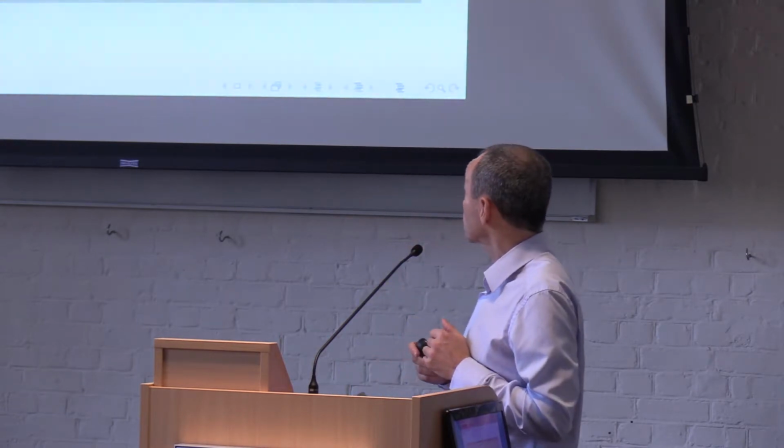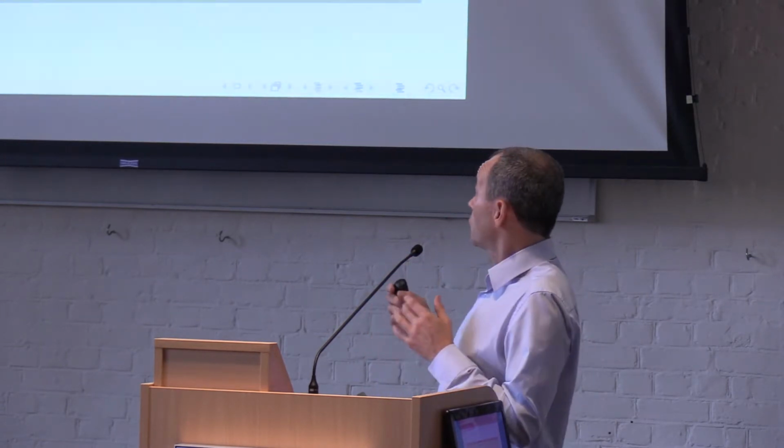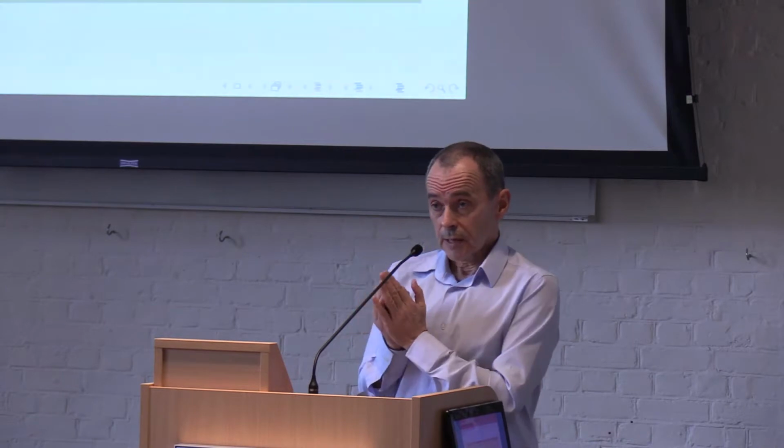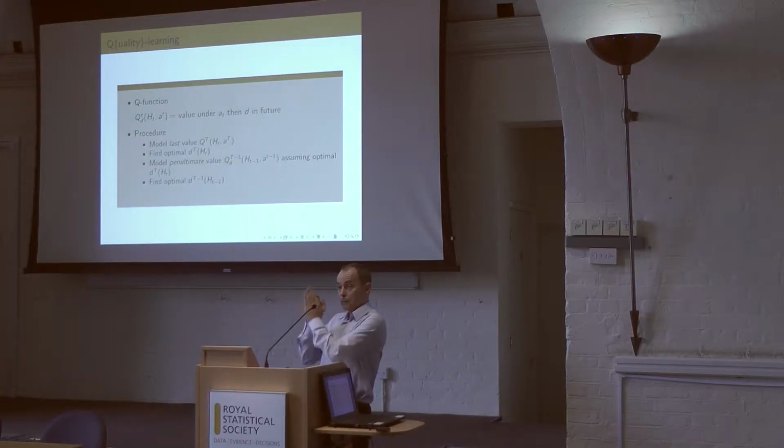And the quality function is the value, that's your expected reward, remember, if at time t I choose action or treatment little a. So Q, it's defined at time t, it's a function of the past, so it's Q of ht, everything you know already is locked.